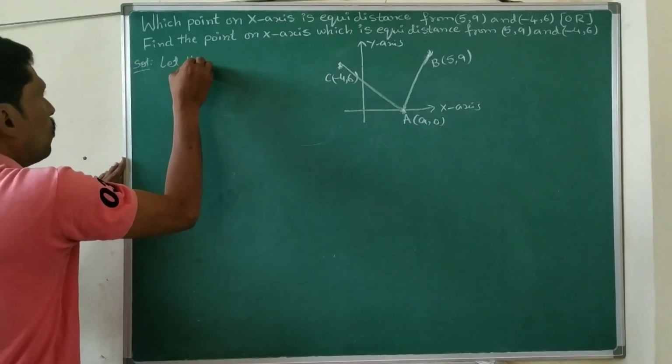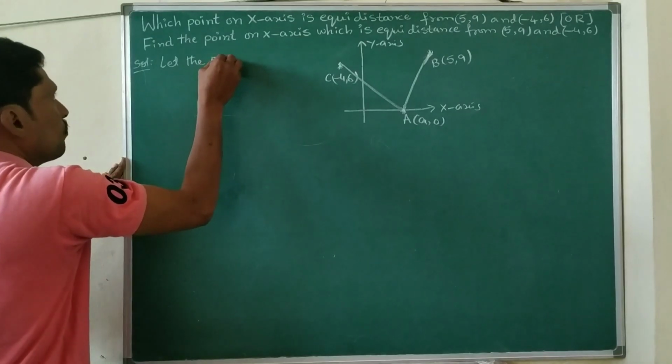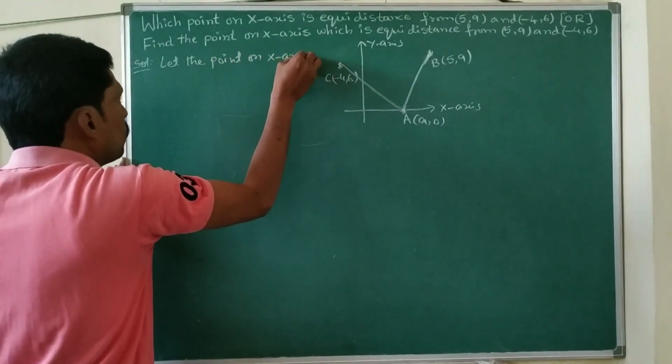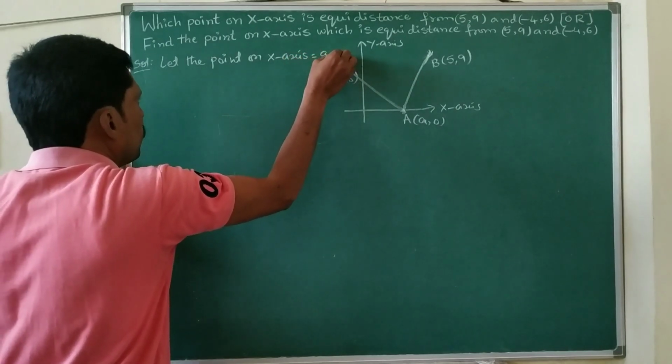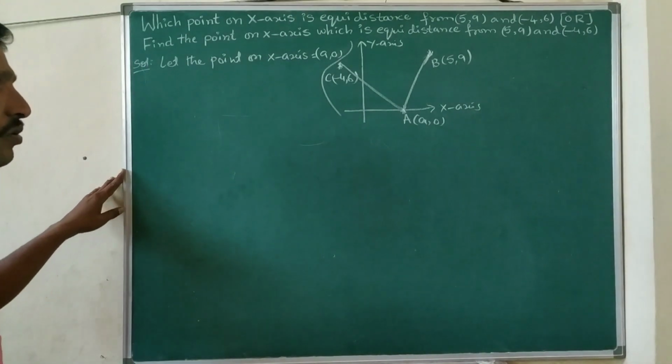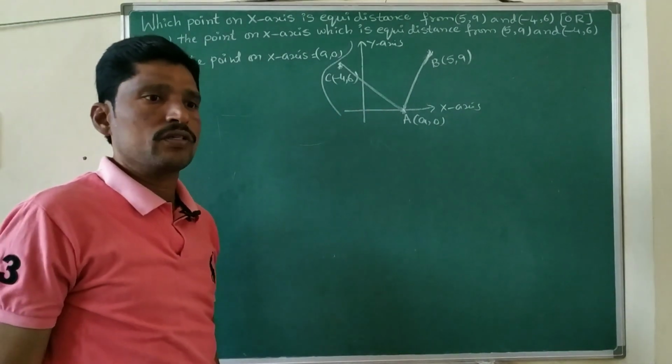Let the point on x-axis be (a, 0). So A of (a, 0) I took.